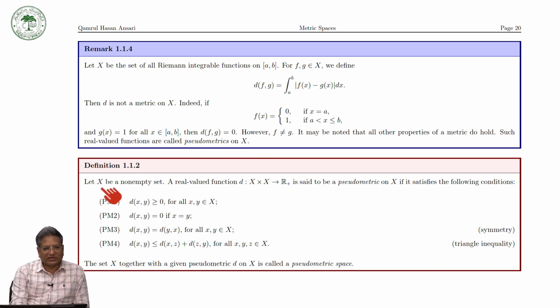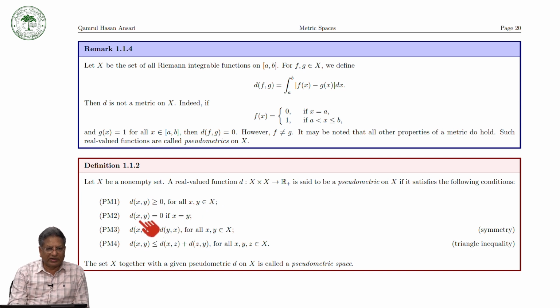Take X any non-empty set and a real valued function d defined on X cross X. This function d is said to be a pseudo metric on X if it satisfies the following conditions. The first condition is d(x,y) is greater than or equal to 0, which is the same as M1.